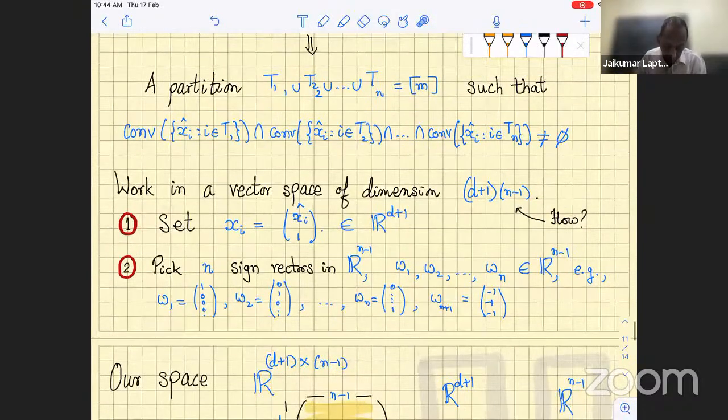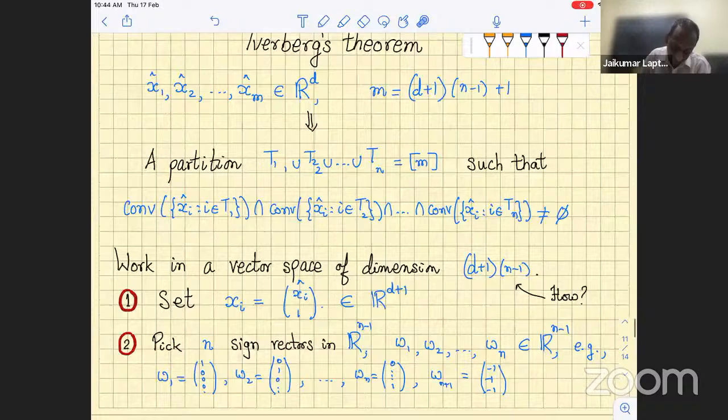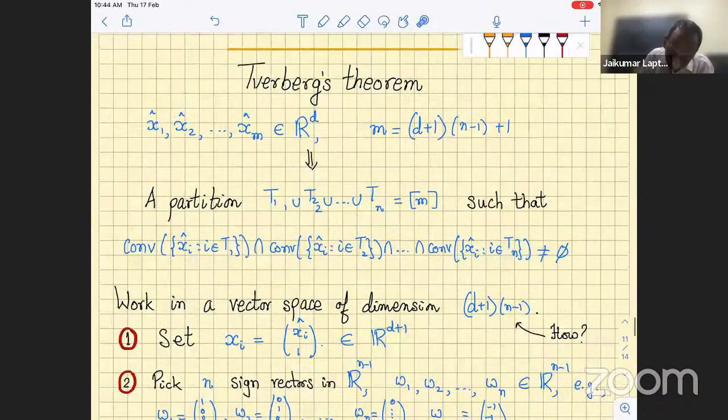Okay. And the answer is that if you take m to be this number, instead of D+2, you take this, then this will be true. And one can check that if you just took this much, it's not completely obvious, but if you took this much, then it won't be true.